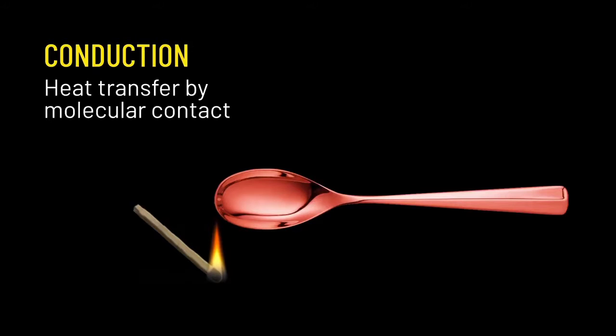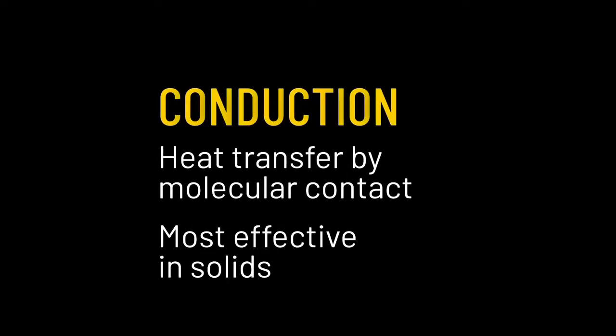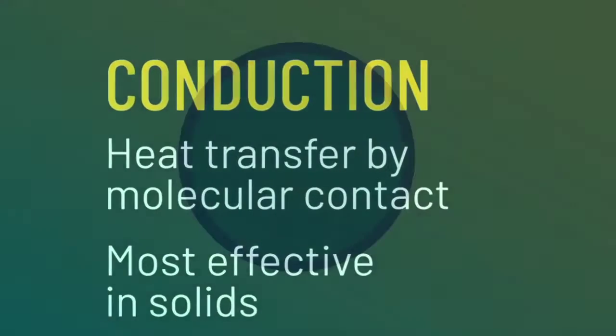And the reason this happens is because of conduction. Energy from the flame is causing the molecules within the spoon to vibrate, and that's transferring energy from one to the next, to the next, to the next, until the entire spoon has warmed up. That heat has transferred throughout the entire material. Conduction is going to happen most effectively in solid materials.